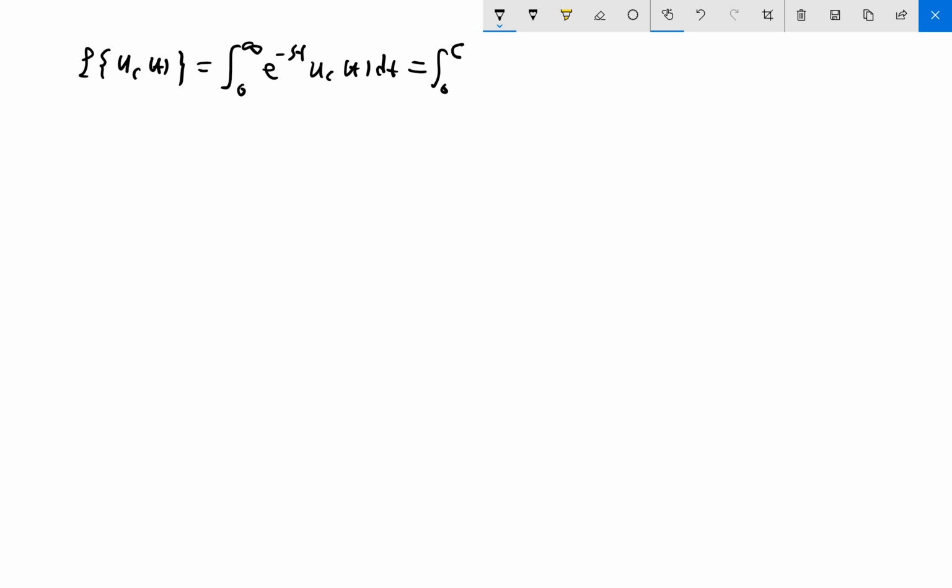That's why we need to break our integral into two integrals: for t between 0 and c, u_c(t) equals 0, then plus the integral from c to infinity of e^(-st), where this time u_c(t) equals 1, dt.